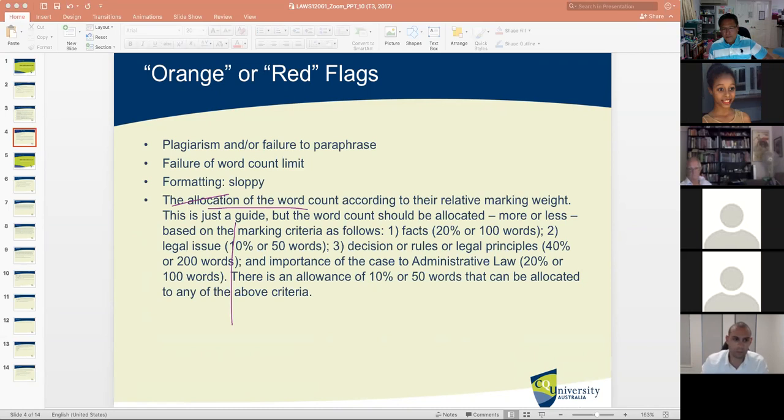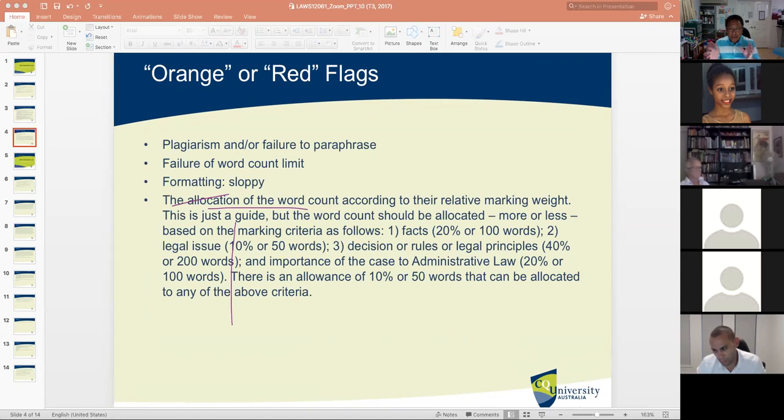An example of sloppy formatting, because I didn't really give guidelines, is this: when somebody submits a Word document, you would assume that the usual font size would be 11 to 12 points. If somebody uses a font size of about 20 points, that would be too much. Or if somebody uses 8 points, that would be too small for anyone to read. But otherwise, between 10 to 12 points, that's fine.